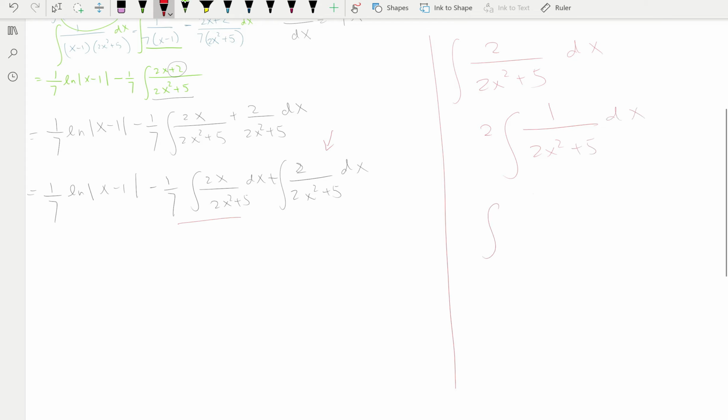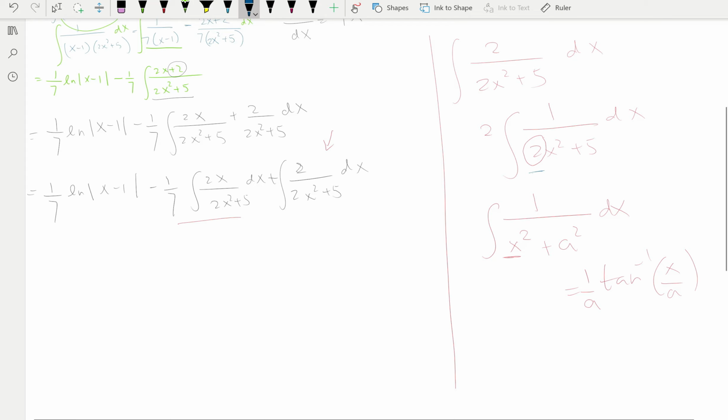But in the rule we only have 1 as the coefficient of x square, right? Remember? So this will give you tangent inverse x over a times 1 over a. Now how are we going to deal with the number 2 that we have here? Okay, so the coefficient of x square is 2.